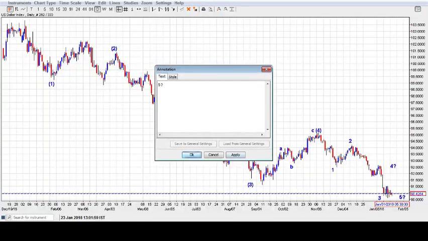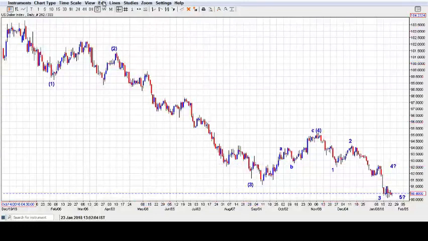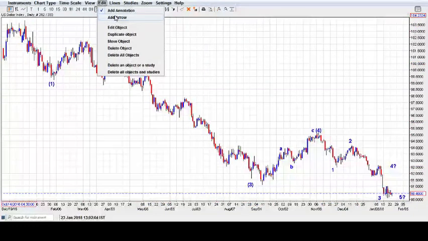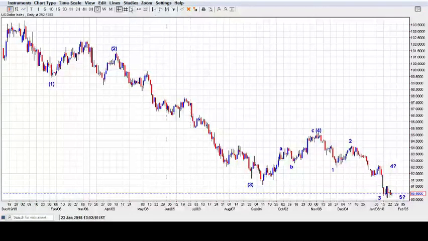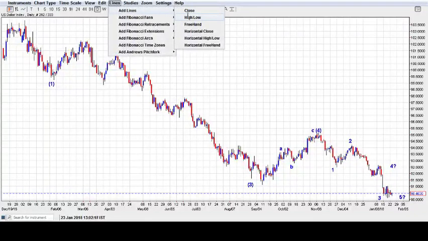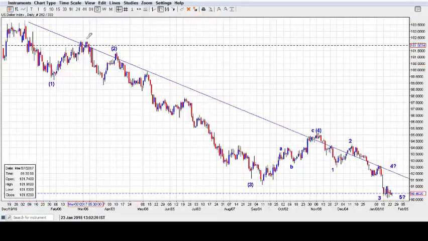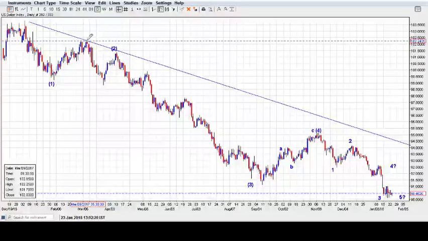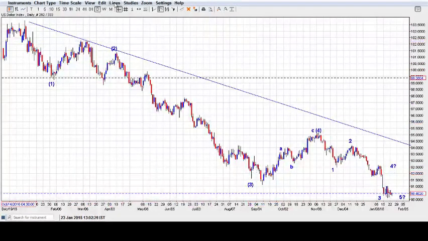That should be the wave 4 termination point, and wave 5 printing lower. All right. So the same story, but on the opposite side for the dollar index continues.